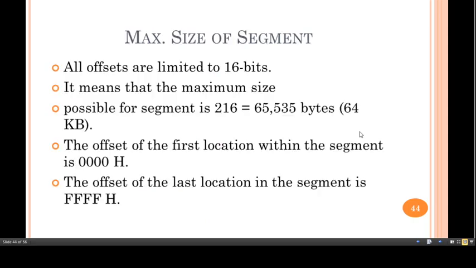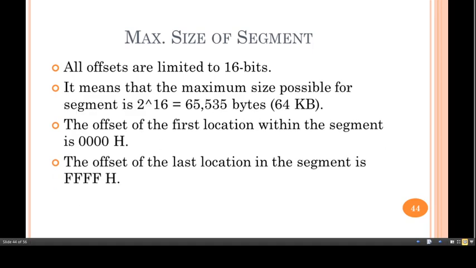So what is the maximum size of a segment? All offsets are limited to 16 bits. It means that the maximum possible size for a segment is 2 raised to 16, which is equal to 64 KB.